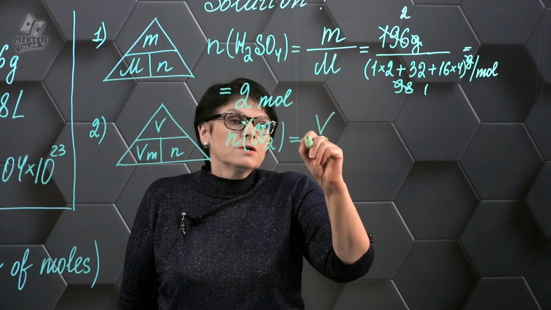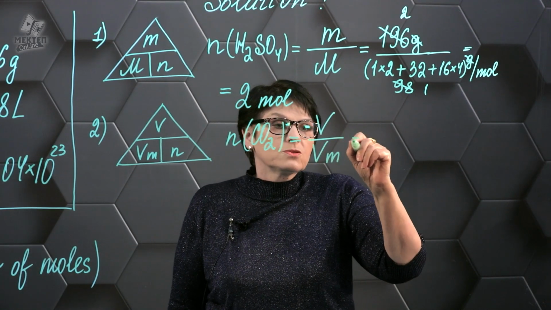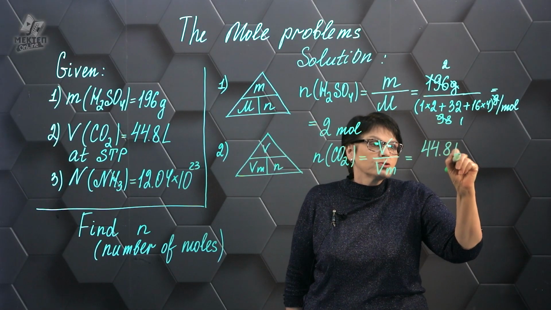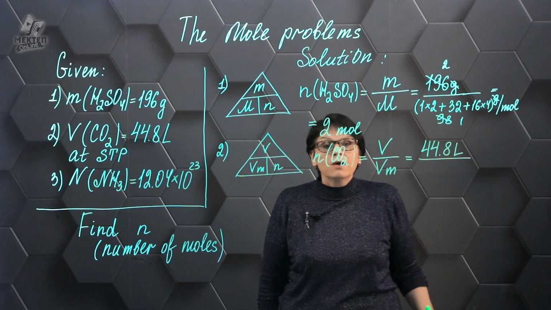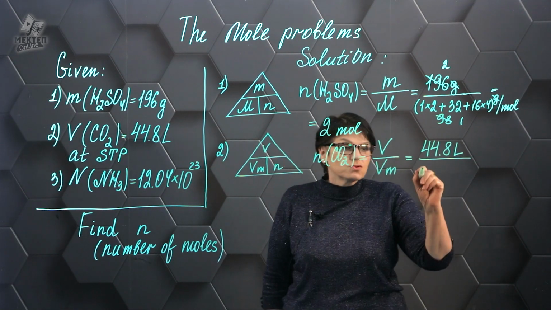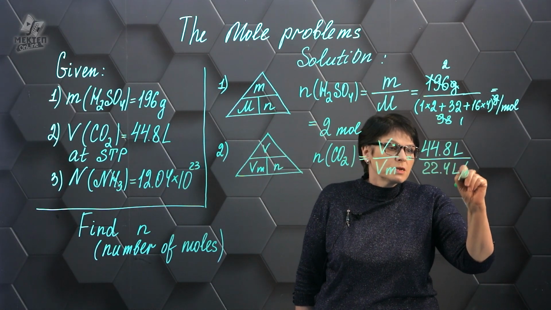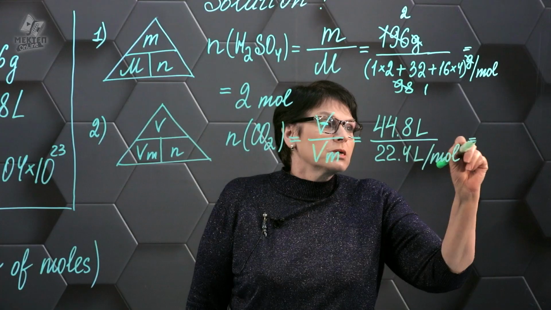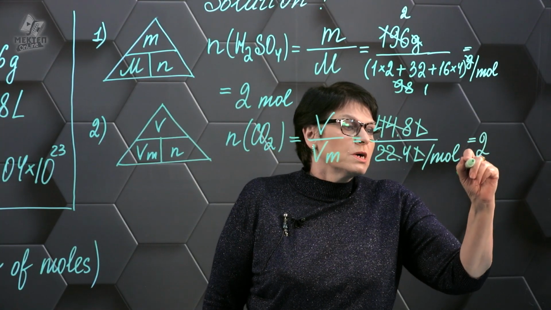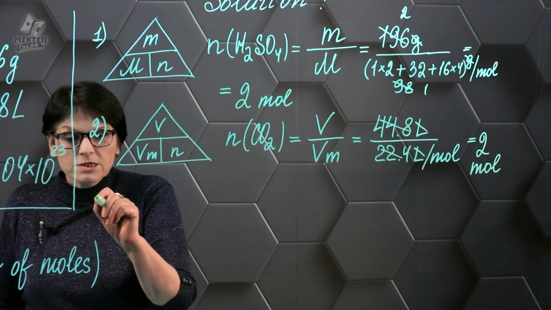For this purpose works the formula n equals V divided by Vm. Let's make a numerical substitution. The volume is equal to 44.8 liters by the condition of the problem, but the molar volume should not be calculated. It is a constant value which should be remembered, 22.4 liters per mole. Thus it turns out that in this case we will also have 2 moles.